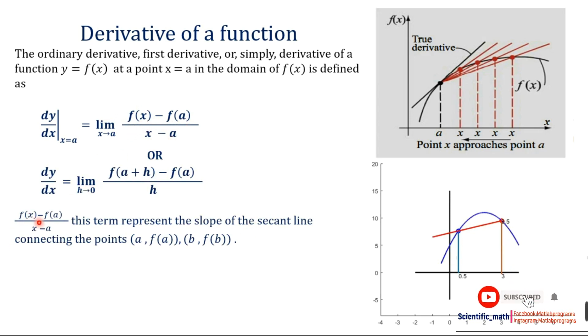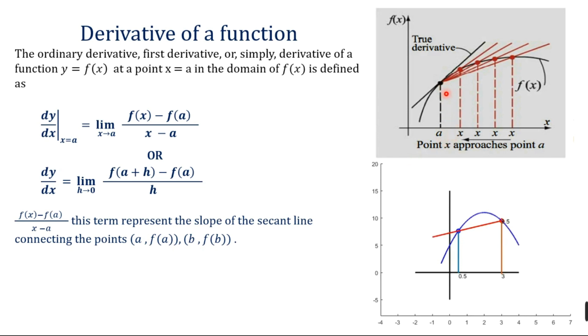Here we have f of x minus f of a divided by x minus a. This term represents the slope of the secant line connecting the points a, f of a and b, f of b. We have these 2 points, and this is the slope of the secant line that connects them.